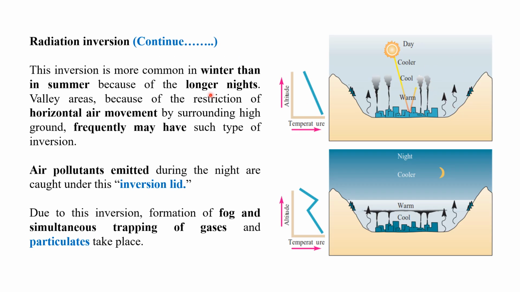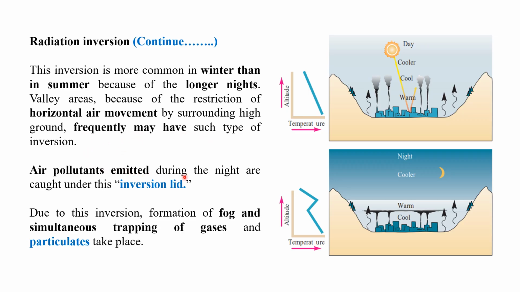Next, we can see about the radiation inversion. The inversion is more common in winter than in summer because of longer nights. Valley areas, because of the exclusion of horizontal air movement by surrounding high ground, frequently may have such type of inversion.